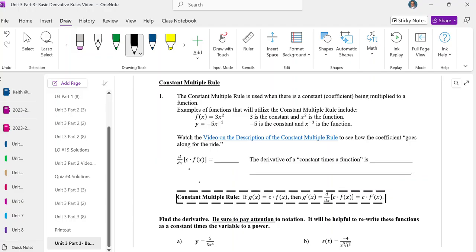So the derivative of c times f of x is c times the derivative of f of x, or basically c times f prime of x. So the derivative of a constant times a function is the constant times the derivative of the function.